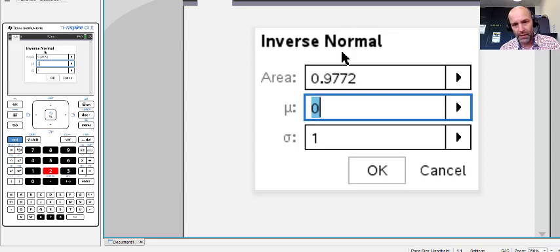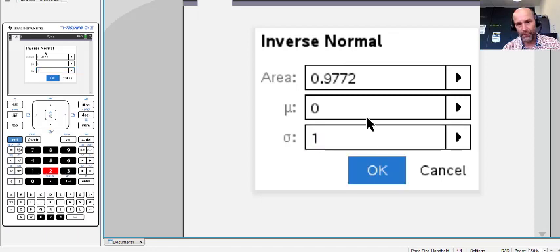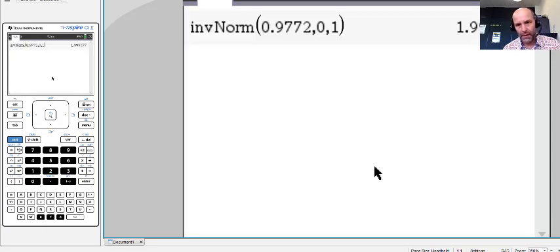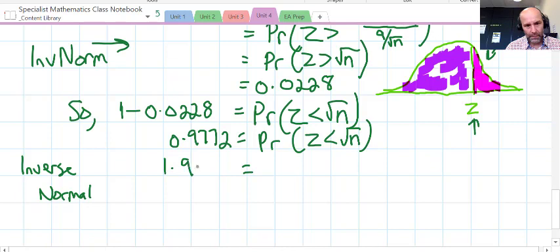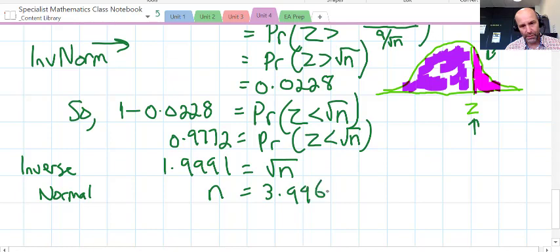It's a standard curve, so we have our mu as 0 and our sigma as 1. It's standardized, remember that from your previous work. It's a standard normal distribution, z-scores. So we get 1.991, and that will equal root n. Squaring both sides, n is 3.996 to 3 decimal places.